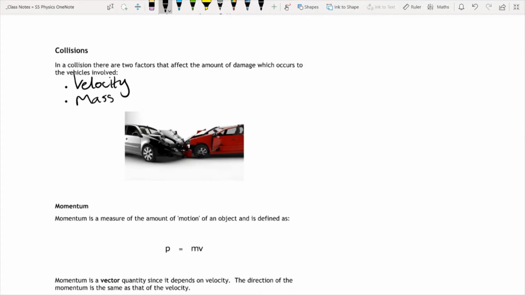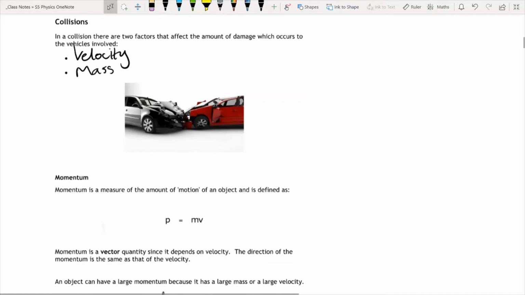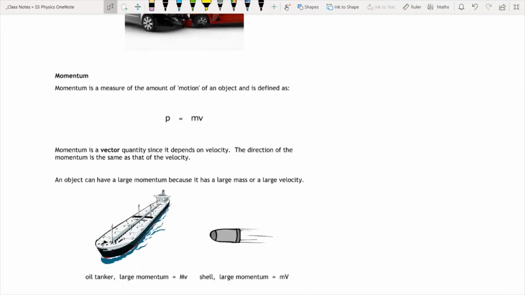Okay, so momentum is the combination of those two things. Momentum is a measure of the amount of motion of an object and is defined as P for momentum.